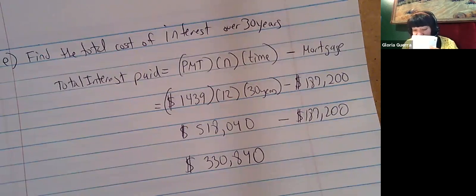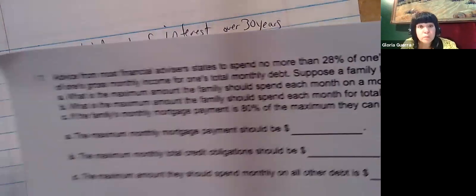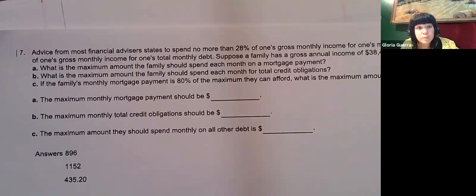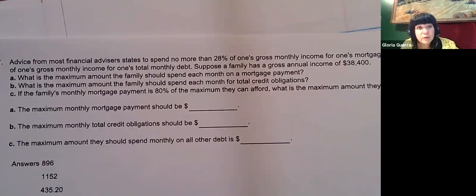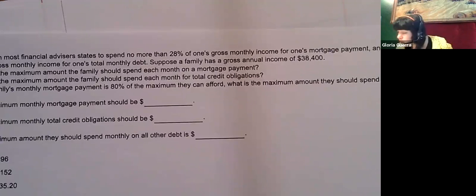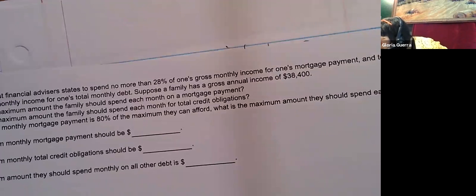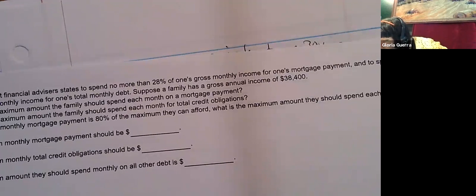Excuse me. Okay, so now we need 17. Advice from most financial advisors states to spend no more than 28% of one's gross monthly income for one's mortgage payment and no more than 36% of one's gross monthly income for one's total monthly debt.